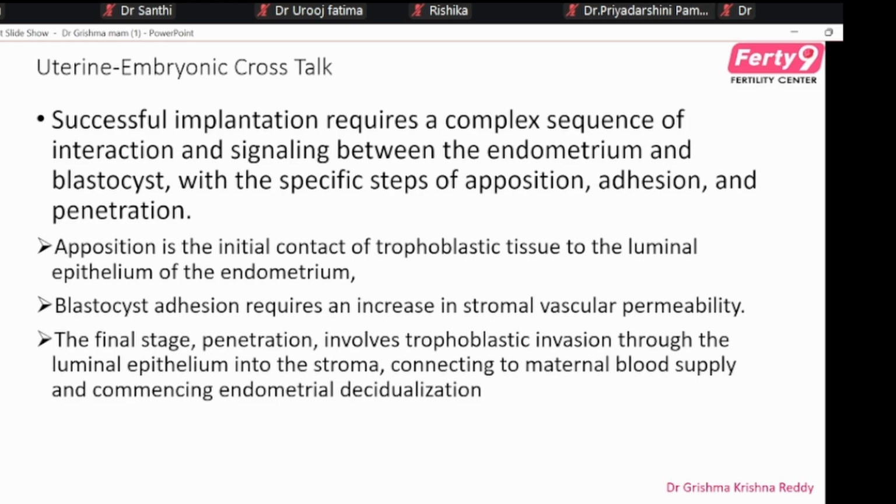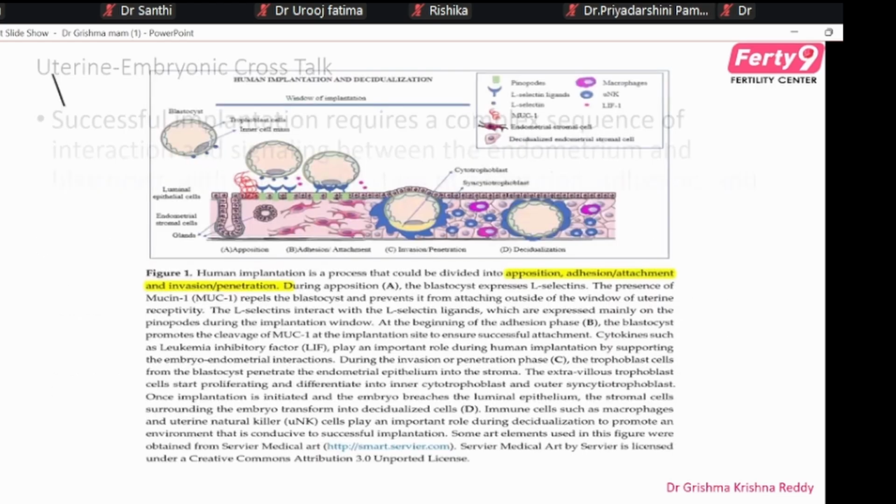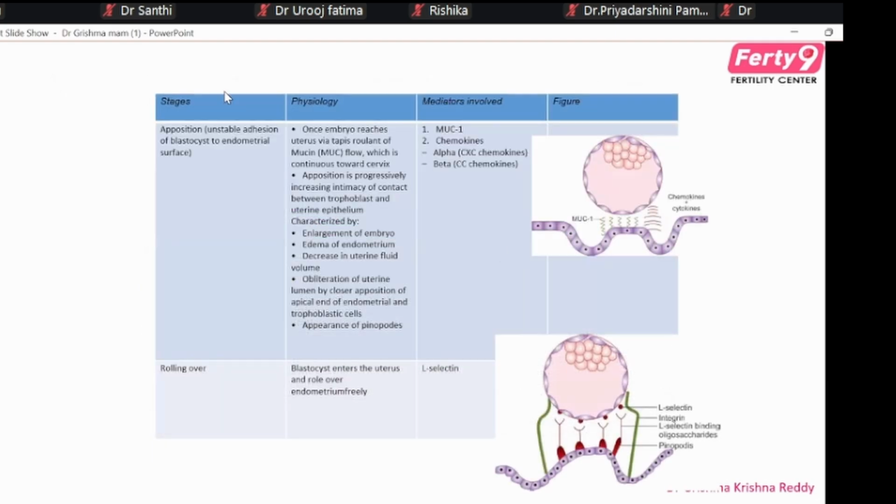The final stage, penetration, involves invasion through the luminal epithelium into the stroma, connecting to the blood supply, and then commencing endometrial decidualization. So this is apposition, adhesion, attachment, and invasion, penetration. During this apposition stage, it is unstable adhesion.